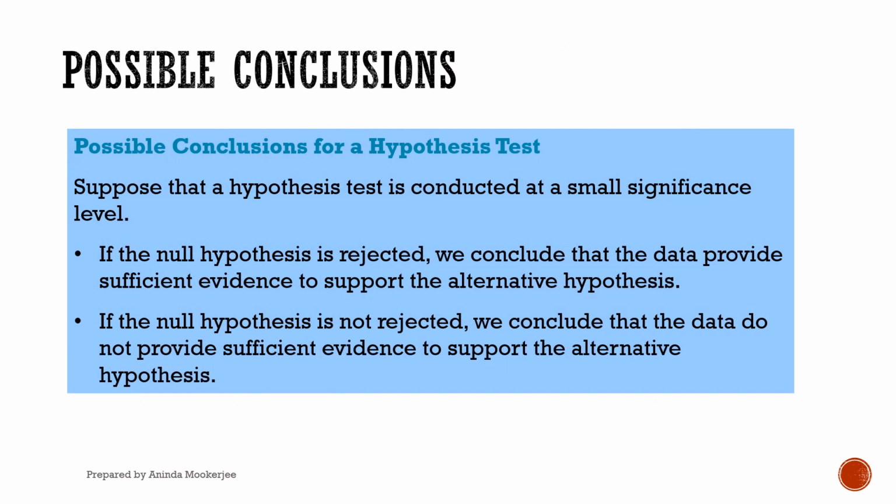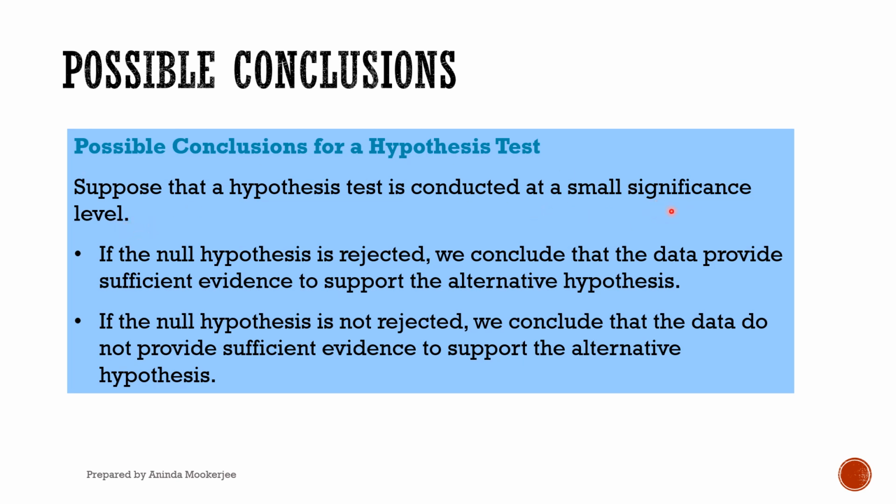Now, towards the end of a hypothesis test, we have to draw some conclusions and then come up with an interpretation of the hypothesis test we performed. So it says here the possible conclusions for a hypothesis test is, suppose that a hypothesis test is conducted at a small significance level.